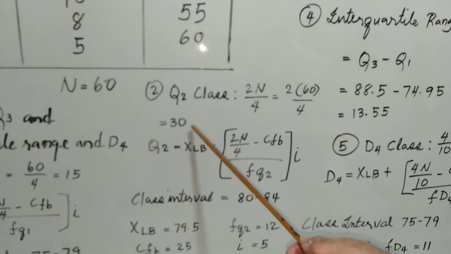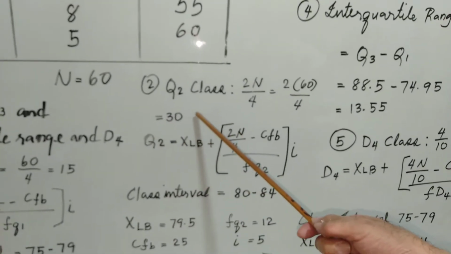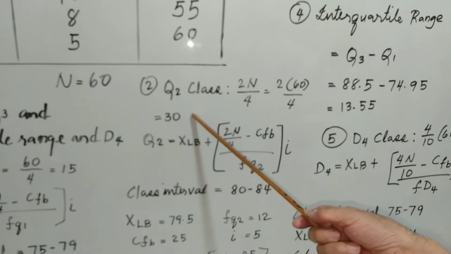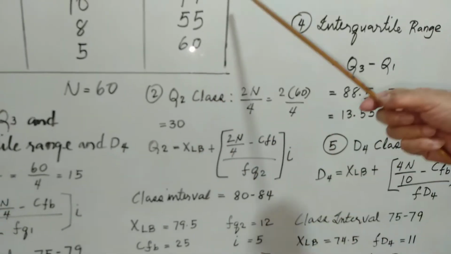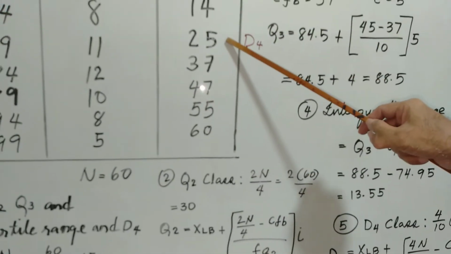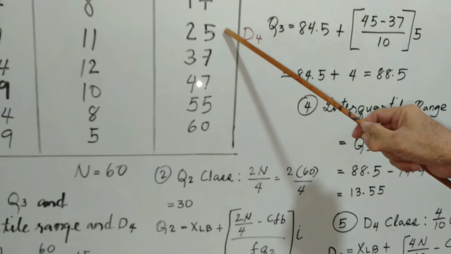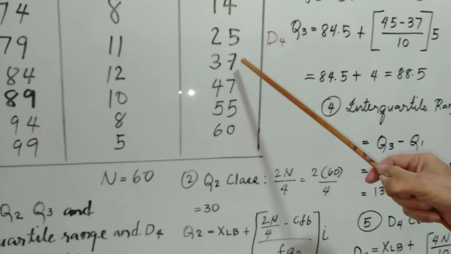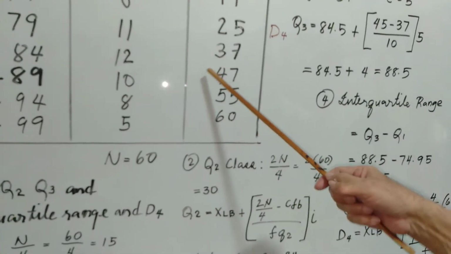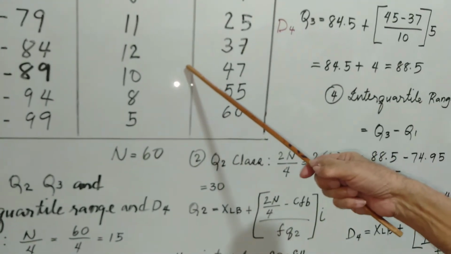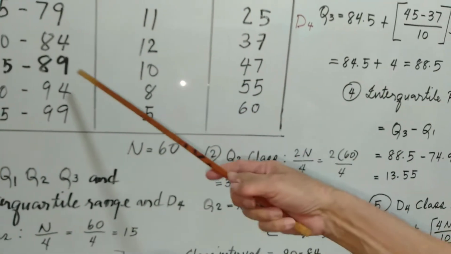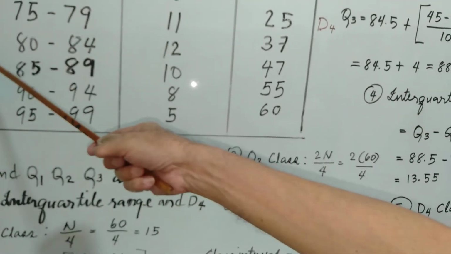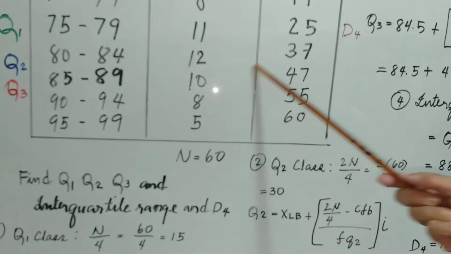After getting the value of 30 here, you look for the value of the scores for this second quartile class. 30 is between 25 and 37. So we're going to use this row here, and the scores for this row are 80 to 84. So we're going to use this row for the second quartile.